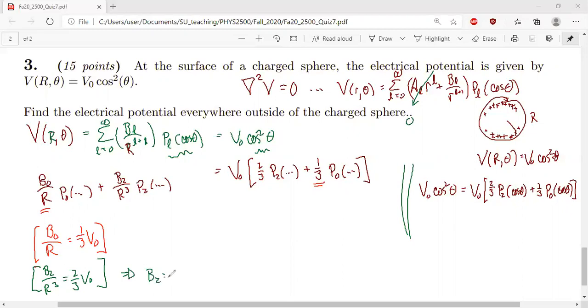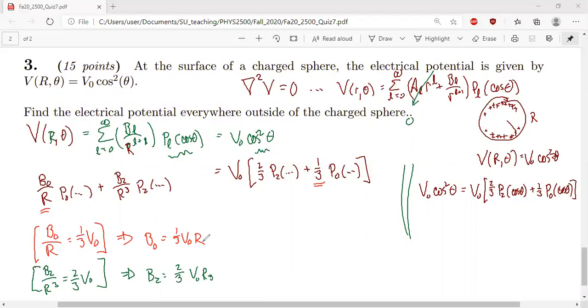Therefore, B2 is equal to 2/3 V naught R cubed, and B naught is equal to 1/3 V naught R. And for A, everything else is 0, and for B, everything else is 0.